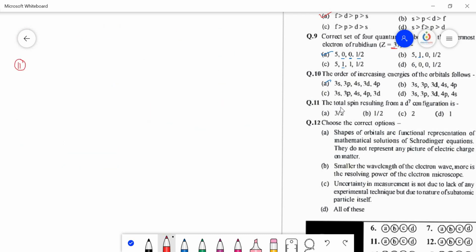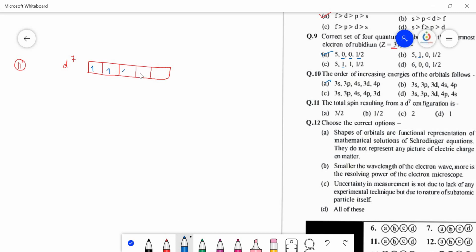Question number 11: the total spin resulting from a d7 configuration is... If you fill the electrons into the various orbitals, the d subshell has 5 d orbitals: 1, 2, 3, 4, 5. Just fill these 7 electrons here.